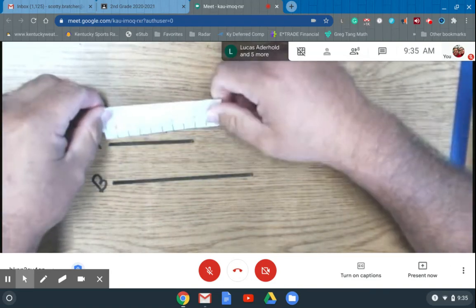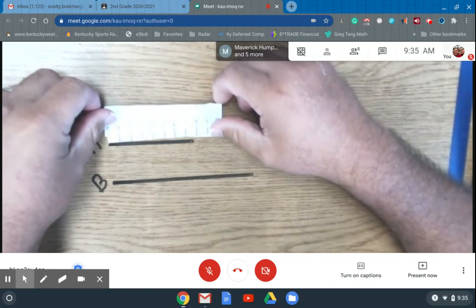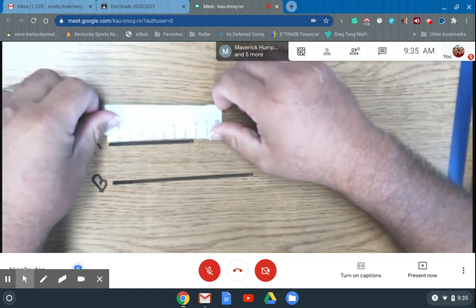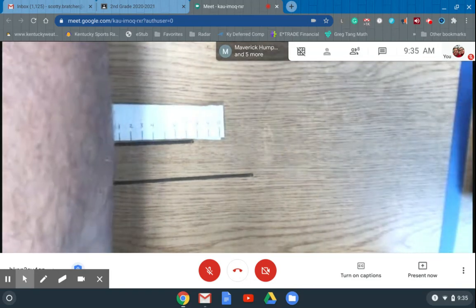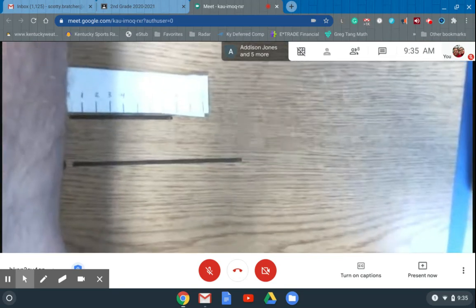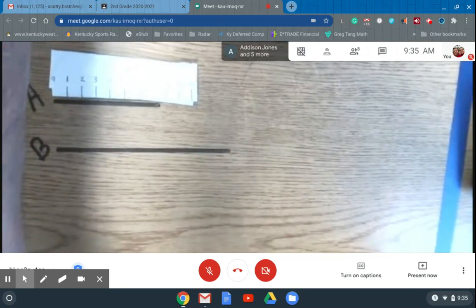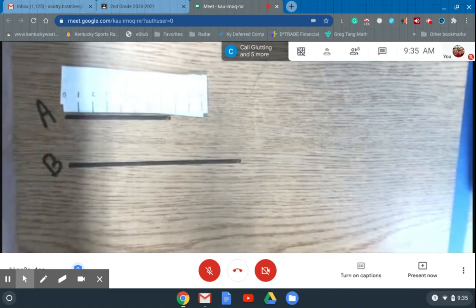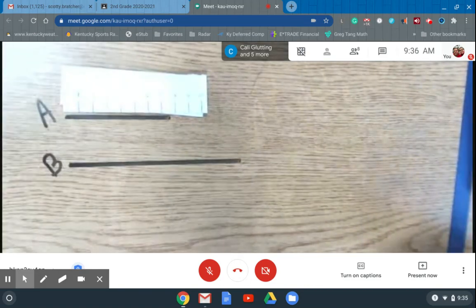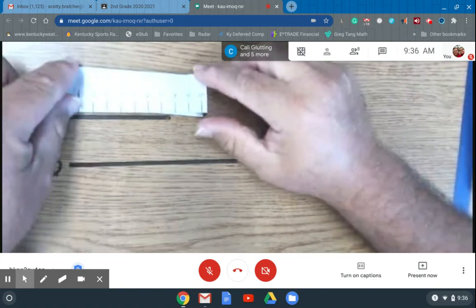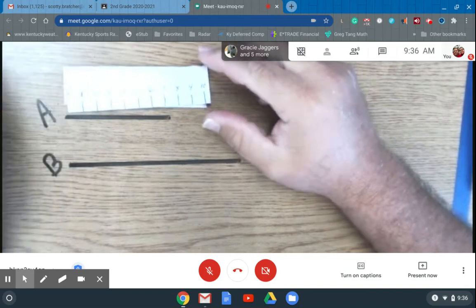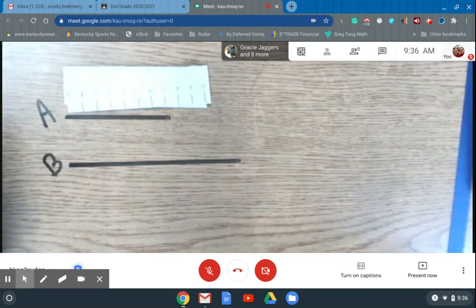I'm going to put it on 0 and I'm going to measure. And I'm going to try to bring my camera down a little bit. If I bring it down too much, it'll fall. It's kind of teetering there. It wants to fall, but it's not going to right now. It's still glary, isn't it? I'm going to turn off one of the lights in the room.